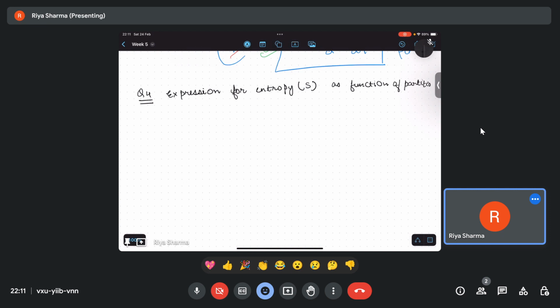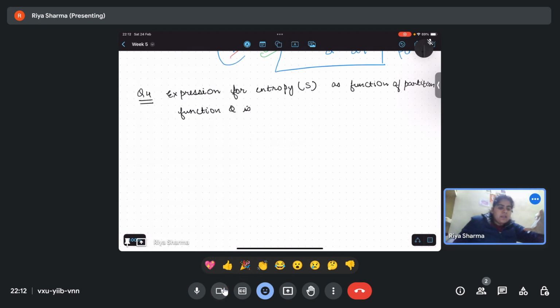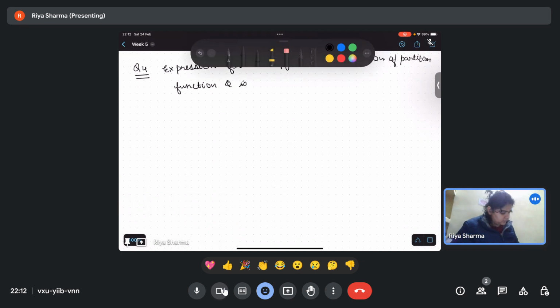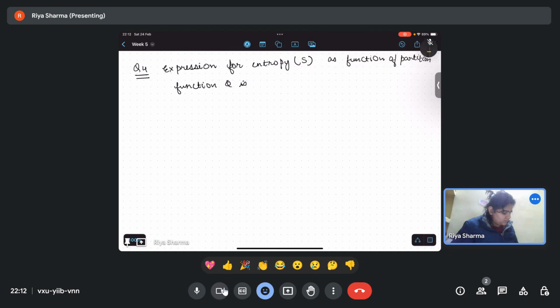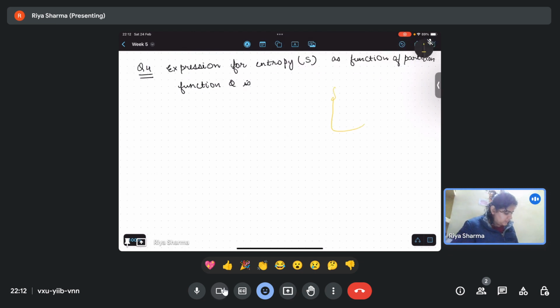Partition function Q is okay, I will tell you about this. If it is classical thermodynamics, we always used to say entropy is basically randomness.